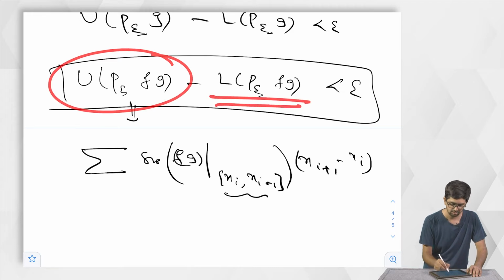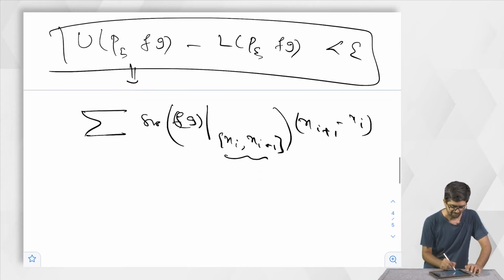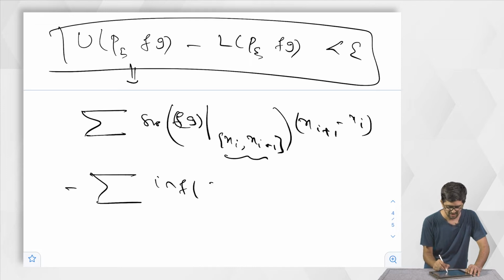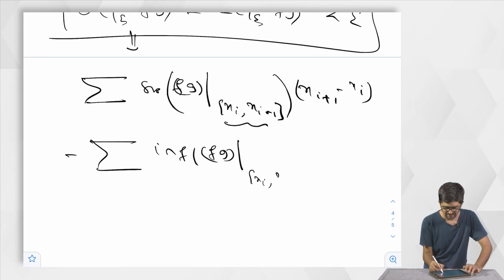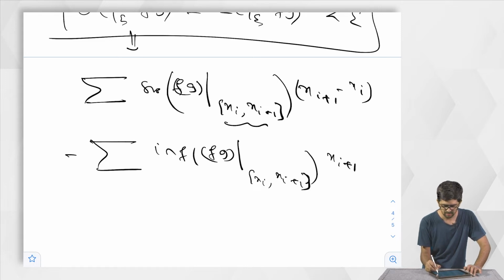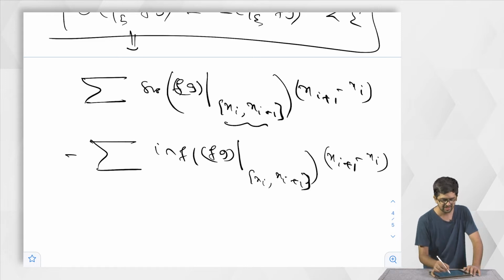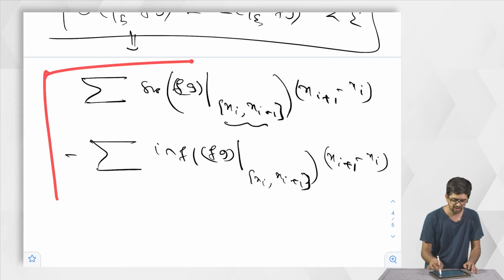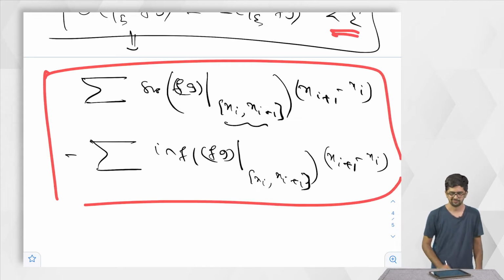We have this also, let us write down that also, minus the summation of the infimum of fg restricted to [x_i, x_{i+1}] times x_{i+1} minus x_i. We are trying to show that this component is less than epsilon.